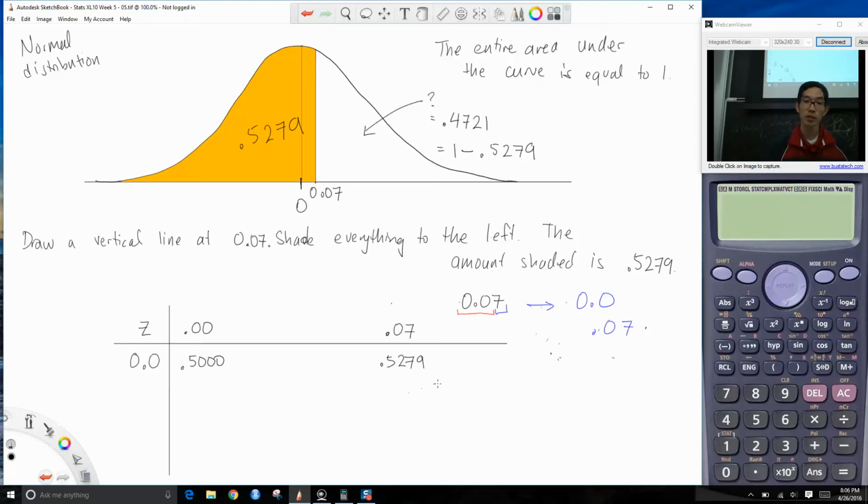So if we asked what is the probability that a value from the standard normal is less than 0.07, our answer is 0.5279, okay? Let me write this down.